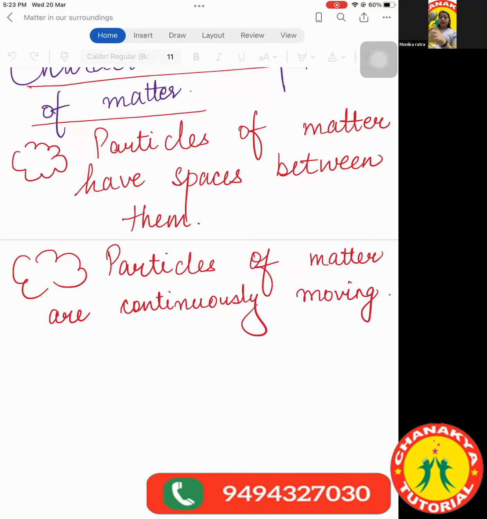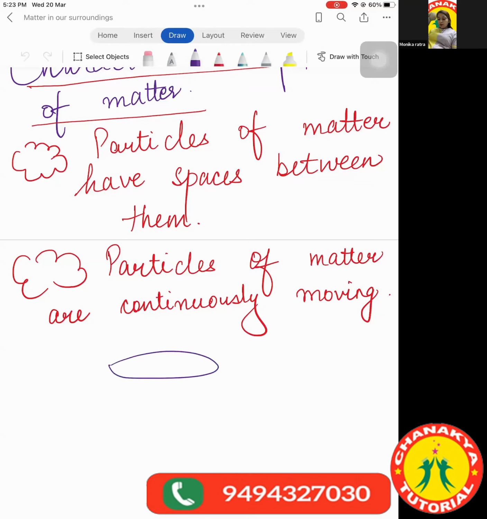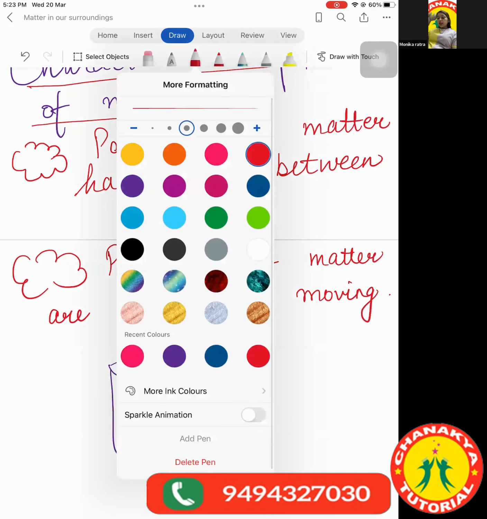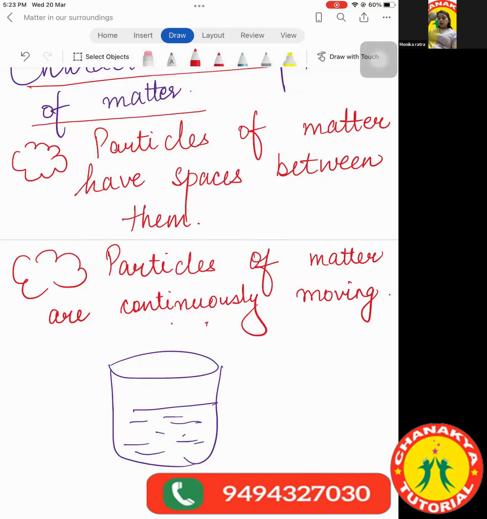This is one example. Another example is, if I put a few drops of ink in clear water, what do we observe? For example, if we put red ink in blue water, what are you going to observe? Tell me.